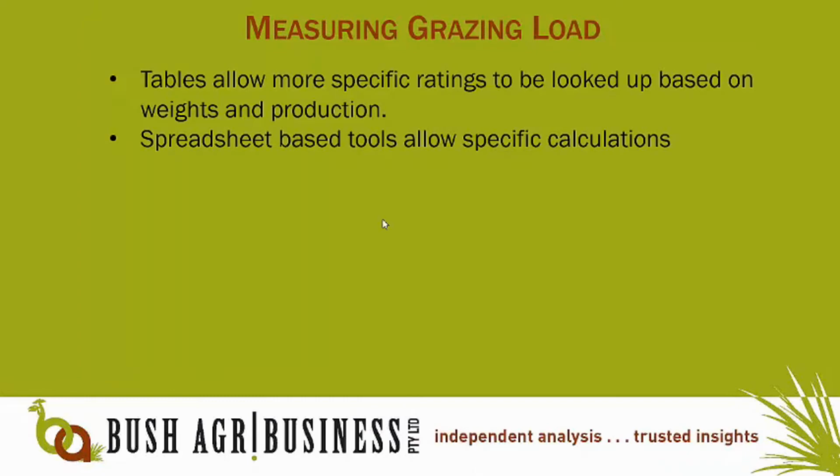So they're generic ones. To get more detailed measures you can use tables, which I'll show you in a second, based on specific weights and production. So for example, you've got a mob of wethers or lambs you're going to put into a paddock for a short period of time. You may want to calculate a more detailed measure.